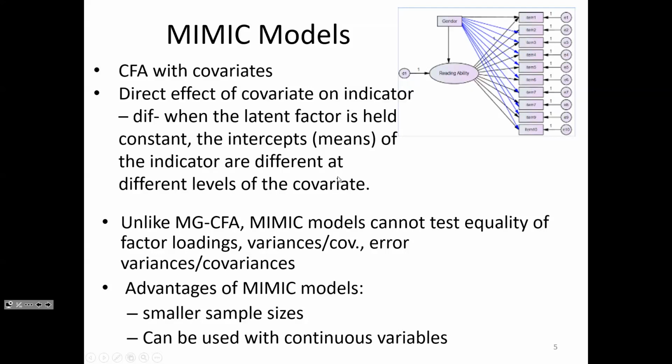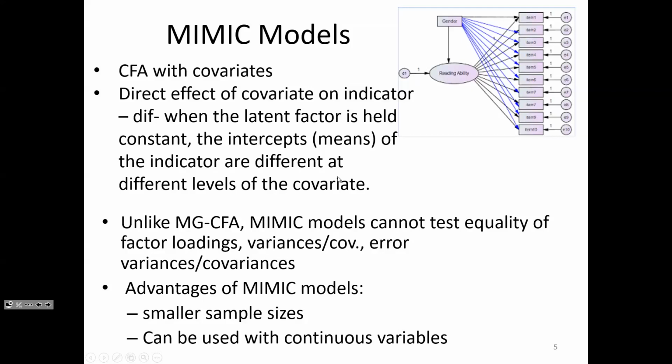Before we move on, without just assuming it. Going back to my example of slumber and bracelet, we found that the intercepts were different, but also the loadings were different. So not only did girls score higher on slumber, but it also didn't predict their vocabulary knowledge nearly as well.